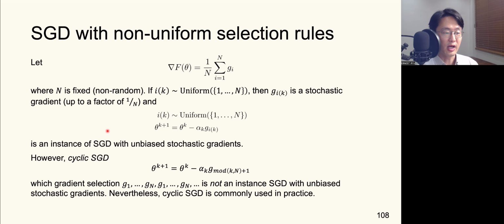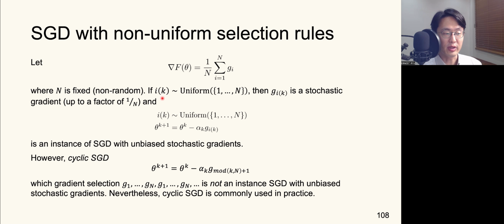Okay, next for the third enhancement, let's consider SGD with non-uniform selection rules. Let's consider a setting where the gradient of f is given as a finite sum of these g's. Then the true SGD algorithm takes an IID uniform sample from these g's.